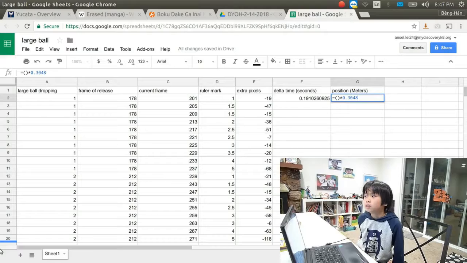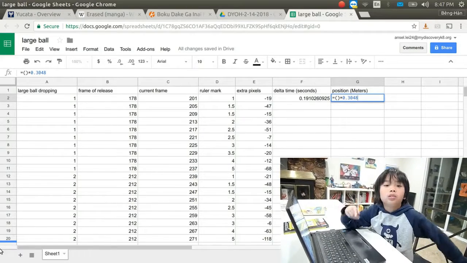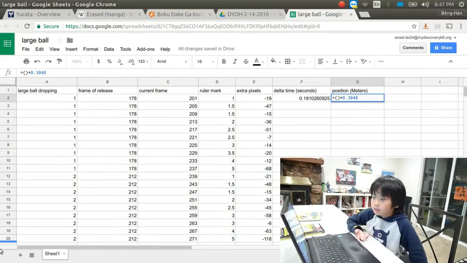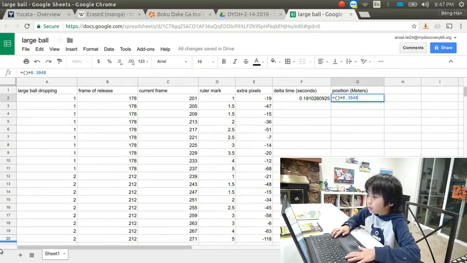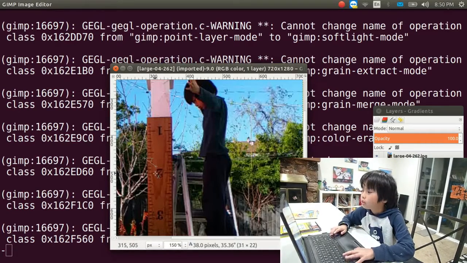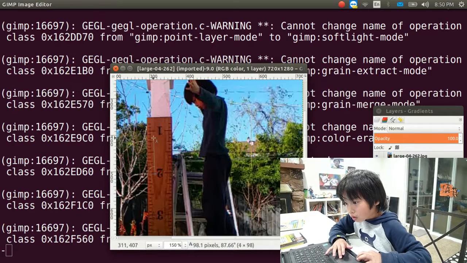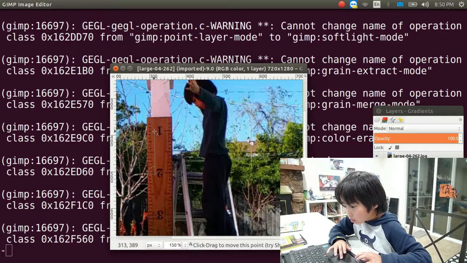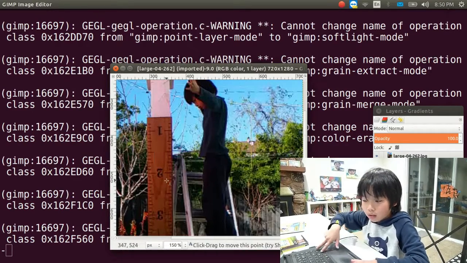But the extra pixels are pixels, and we need feet, so we have to measure how many pixels are in a foot. It's 116.